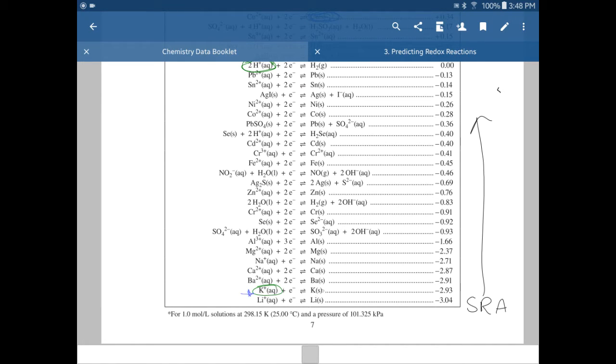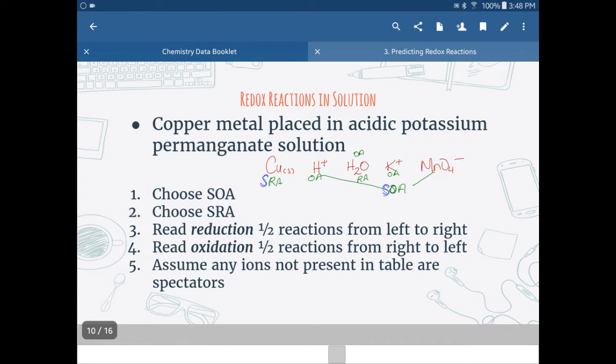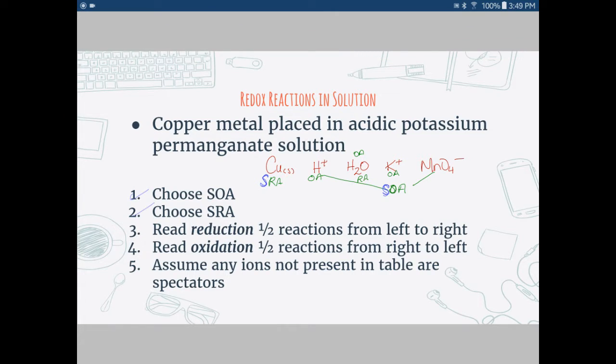I cannot look at potassium solid because I do not actually have potassium solid yet in my reaction. Okay, so I have to be specific as to what I'm looking at.